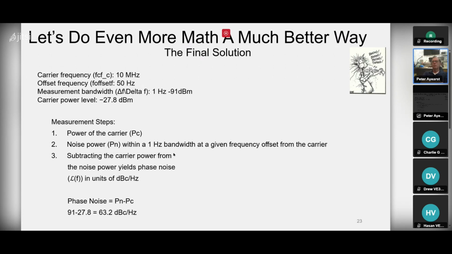And guess what? I came up with the same number, minus 63.2 dBc per hertz. So I'm not sure why they lead you down the garden path with all that complicated math when the very simple one yields the same results. I'm sure I'm missing something, but that's what we came up with. ChatGPT, thank you. It was interesting, but I don't think I'll go that route at all.